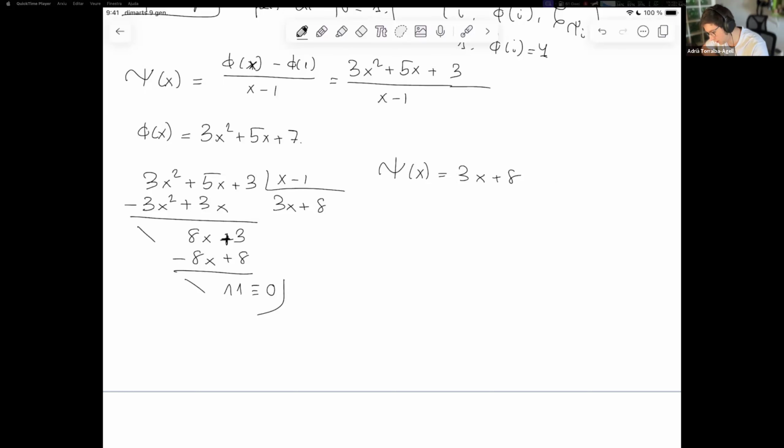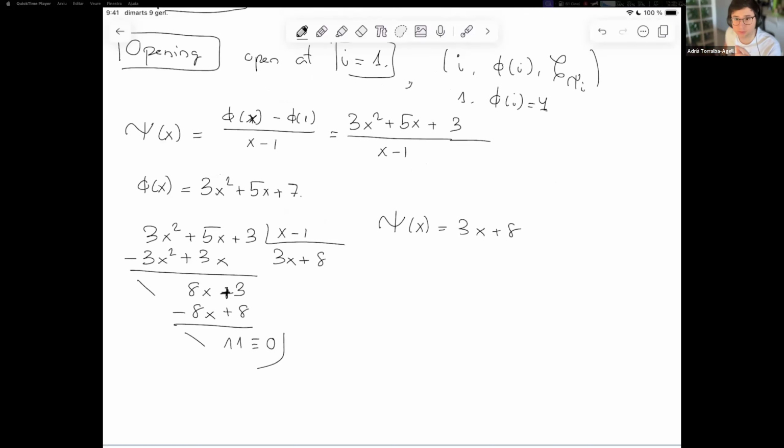Is it clear until now? Yes. If we use 15, then the remainder would be 0 by default.